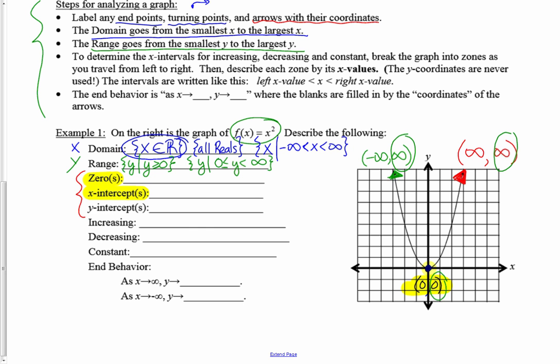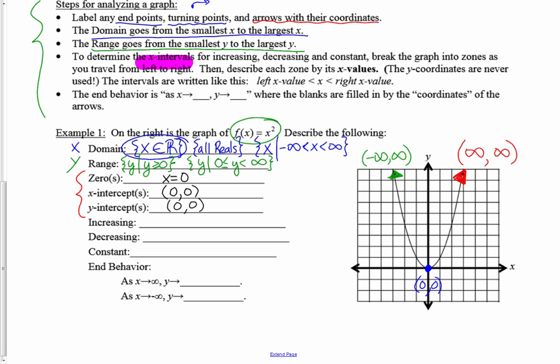I usually write my x-intercept as a coordinate 0, 0, whereas when I write the zero, I write x equals 0, and I just put the x value. It doesn't have to be one way or the other. You'll just need to read the directions when you get to them. The y-intercept is where I touch the y-axis, which in this case is the same place. It's at 0, 0, and I'm going to write that as a coordinate also.